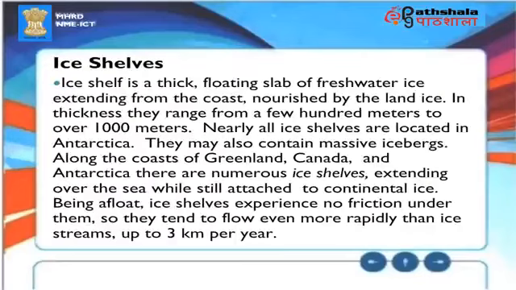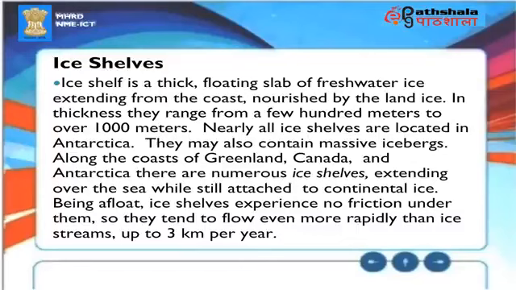Ice shelves. An ice shelf is a thick, floating slab of freshwater ice extending from the coast, nourished by the land ice. In thickness, they range from a few hundred meters to over 1,000 meters. Nearly all ice shelves are located in Antarctica. They may also contain massive icebergs.